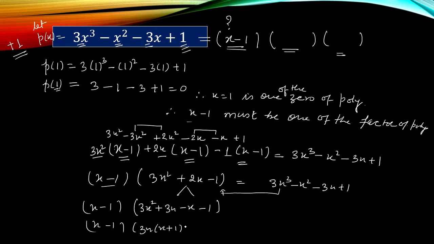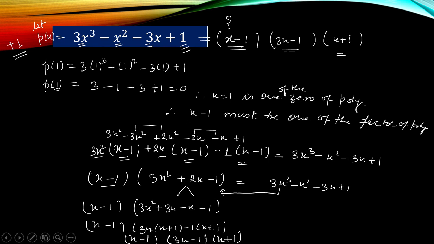If we take minus 1 common, we will get x plus 1 here. So ultimately the factors are 3x minus 1 and x plus 1, and x minus 1 was the first factor which we got earlier. So 3x minus 1 is the second factor, and x plus 1 is the third factor.